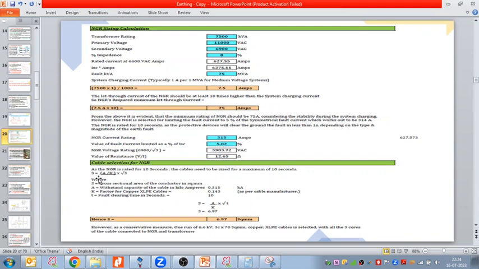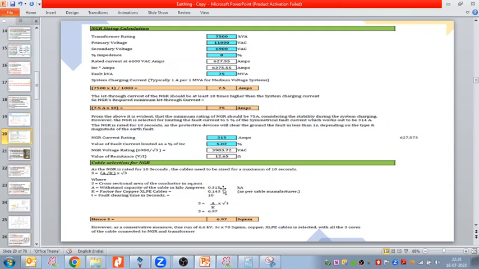So A is equal to I_SC root T divided by K. This formula we have also seen during the cable sizing calculation. We decided the cable size in the cable module, so the same concept applies over here.